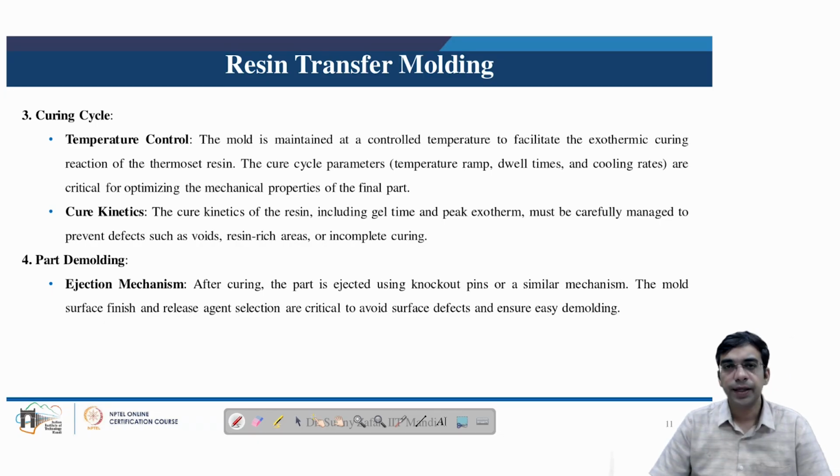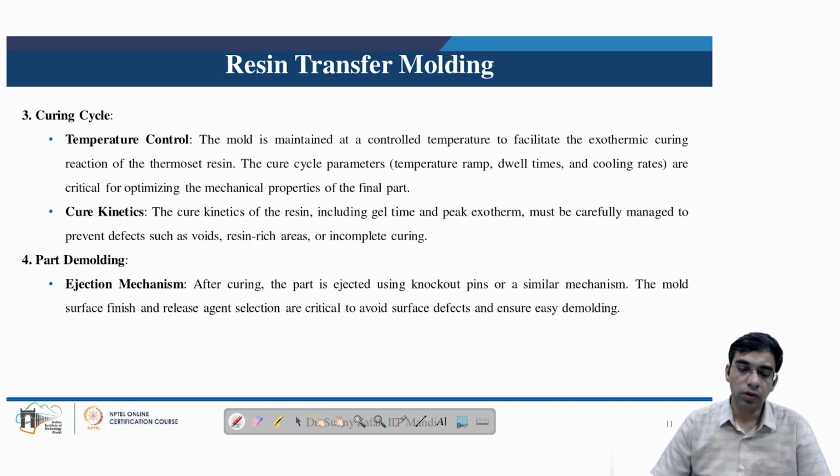The third step in resin transfer molding involves the curing cycle. In the curing cycle, it is the temperature control where the mold is maintained at a controlled temperature to facilitate the exothermic curing reaction of the thermoset resin. The cure cycle parameters, which involve temperature ramp, dwell times, and cooling rates, are critical for optimizing mechanical properties of the final part.